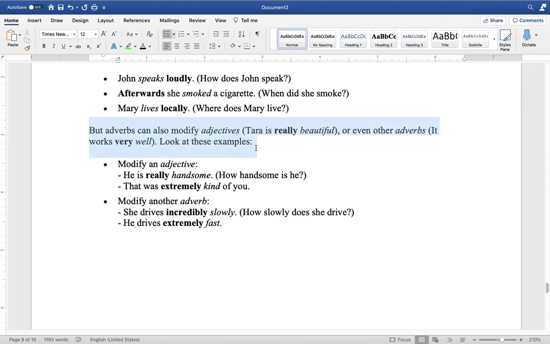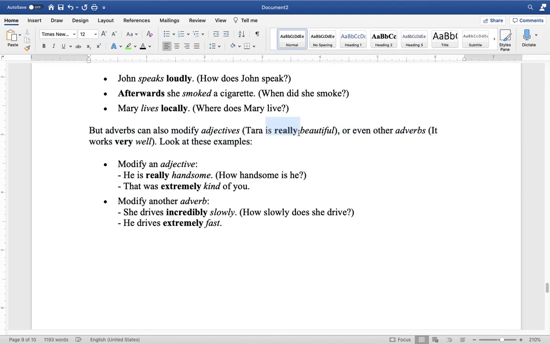And this is the adverbs can also modify adjectives. This is where you're also going to have a hard time convincing. This is where it's very easy also to fall into wordiness. Because adverbs can modify adjectives and other adverbs.